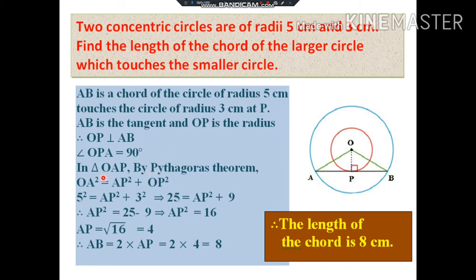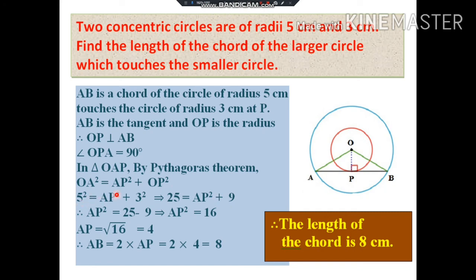So, in triangle OAP, by Pythagoras theorem, OA square is equal to AP square plus OP square. I have taken triangle OAP, this left side triangle. So right angle triangle, OA is hypotenuse, hypotenuse square is equal to AP square and OP square, the other two sides of the right angle triangle. Substitute the value of OA. What is OA?